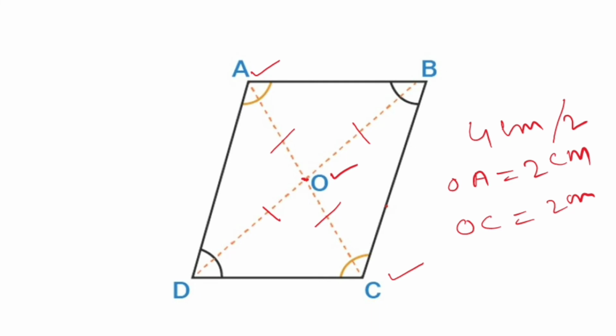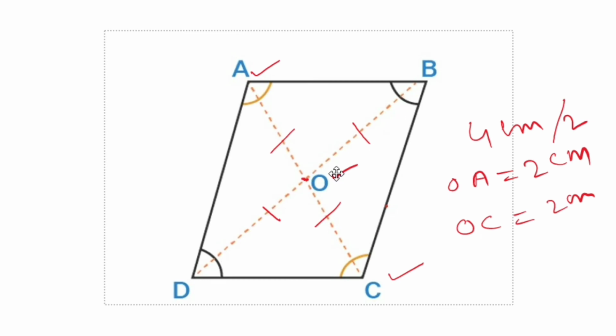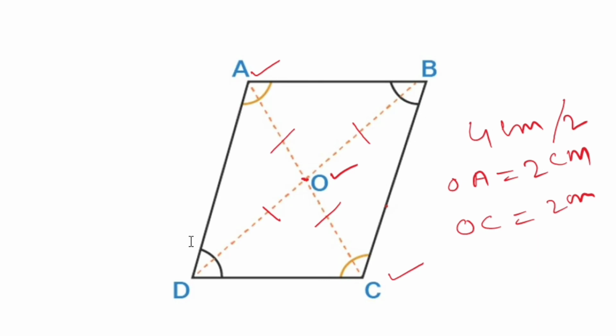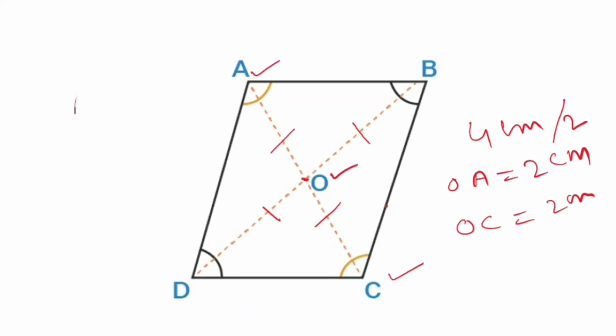Now, each diagonal divides the parallelogram into two congruent triangles. What can you see about that? Suppose here is your parallelogram.